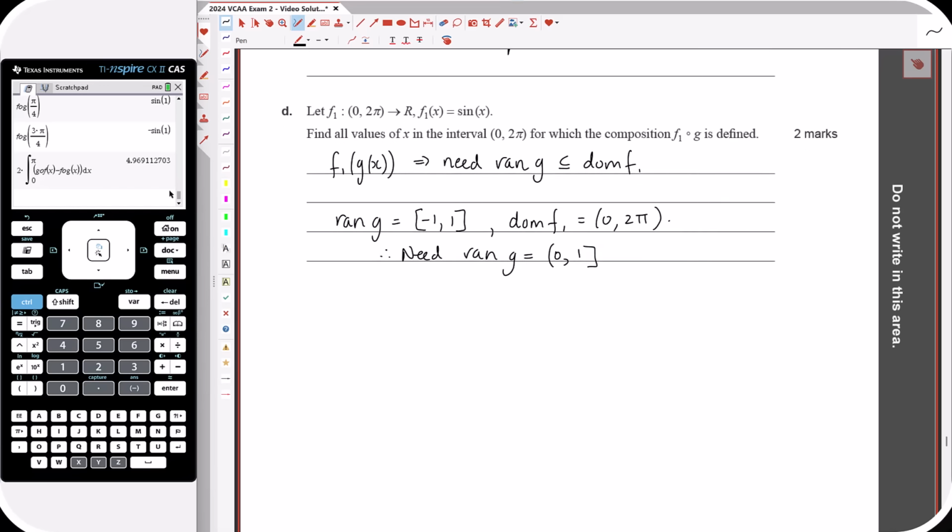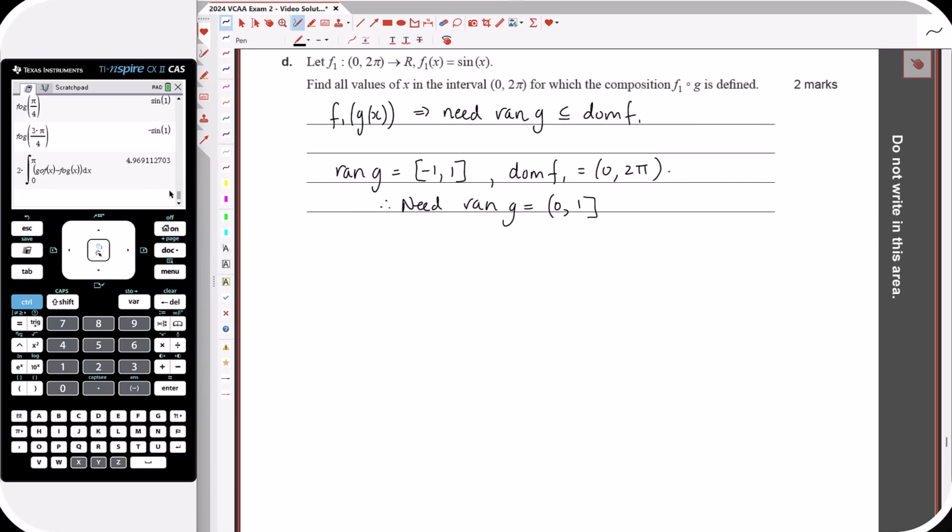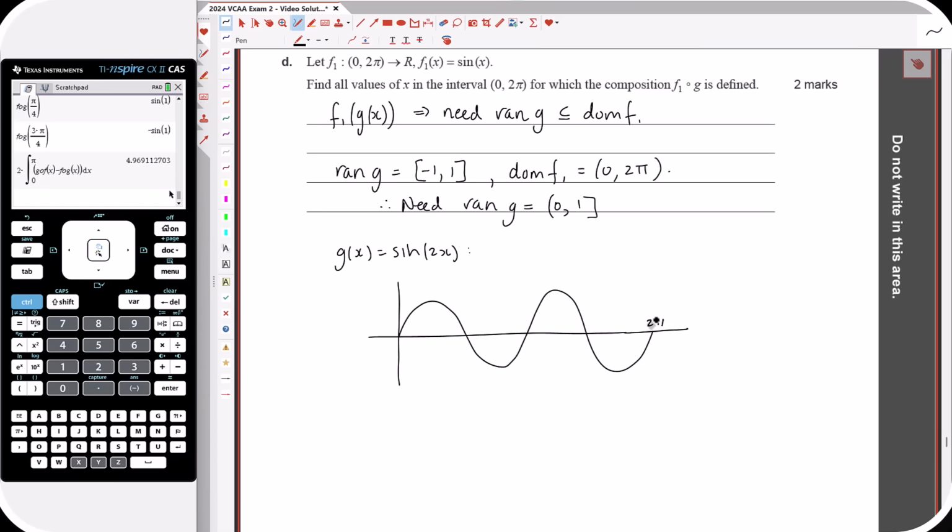Okay, so we need to think about g. So g of x is sine of 2x. That means it's a sine graph with a period of pi. But we need that to only have a range from 0 to 1. So this is 1 up here, and this is -1 down here.